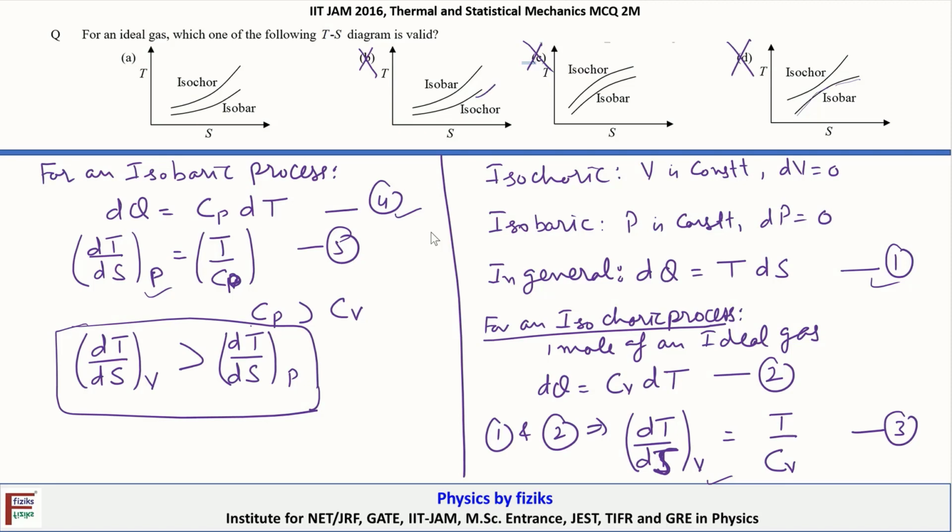But in option A, the isochore has a slope which is larger than the isobar. Here dT by dS is simply the slope of the curve. So in option A, the slope of the isochore is larger than the slope of the isobar. Therefore A is the correct one.